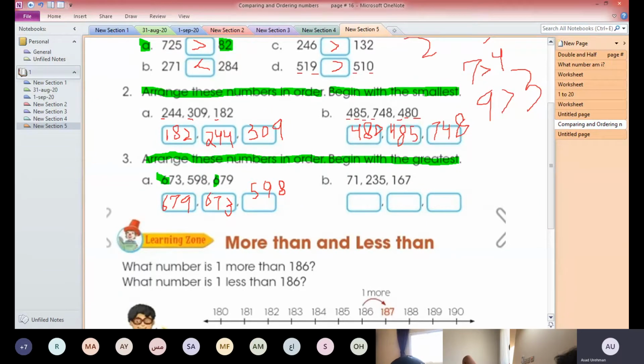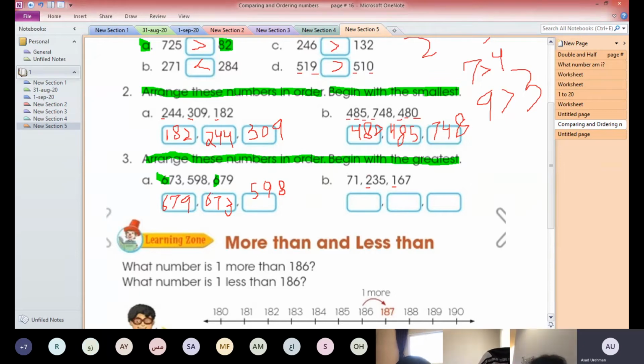Okay, come to B now. Here in the book, you check are the numbers same or different. 71, 235 and 167. So there are 200s and there is only 100 and there is no 100.